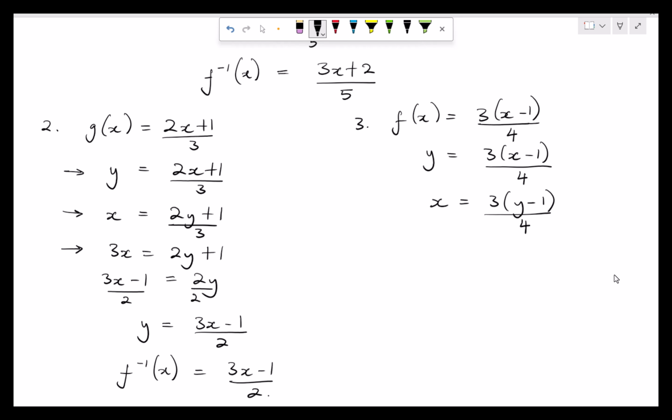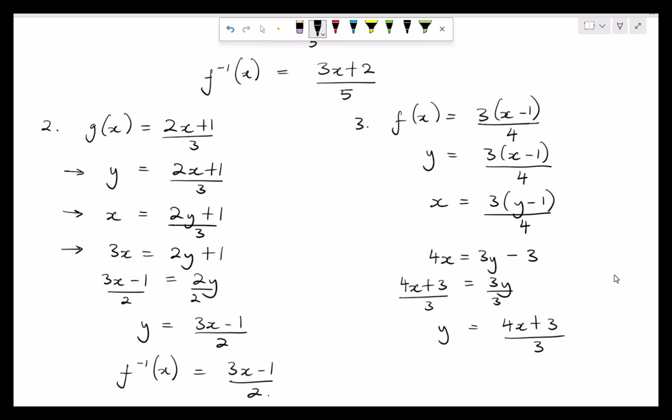And then you make y the subject of the formula. So we get 4x is equal to 3, let me expand here, 3y minus 3. And then you say 4x plus 3 is equal to 3y. Divide both sides by 3 and you get y is equal to (4x plus 3) over 3.